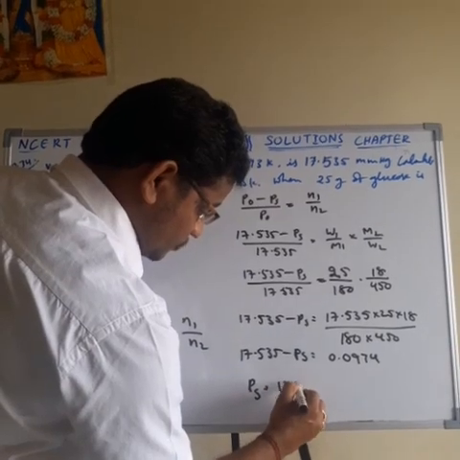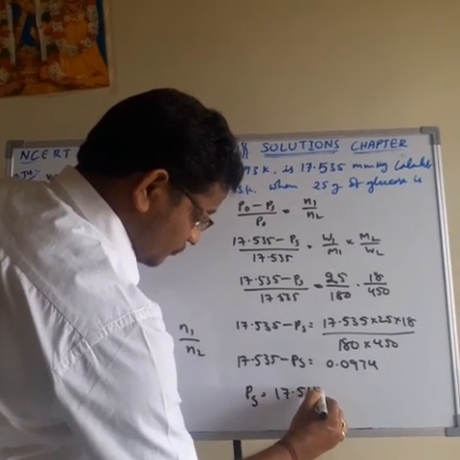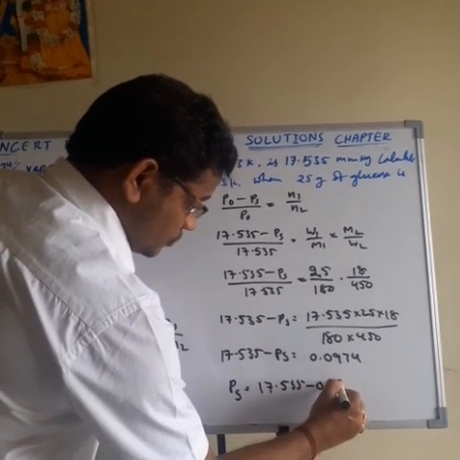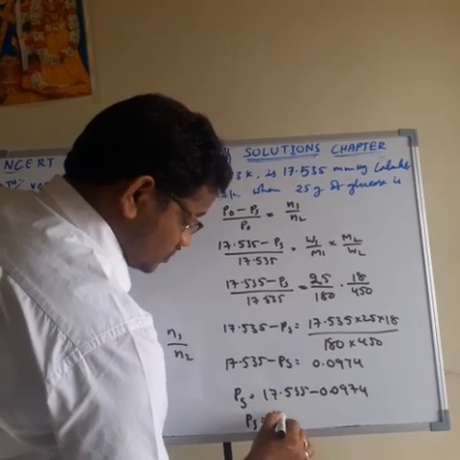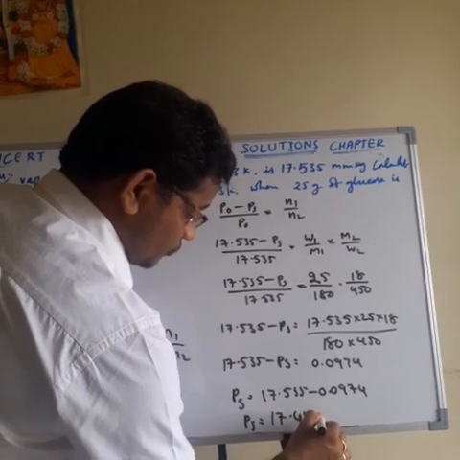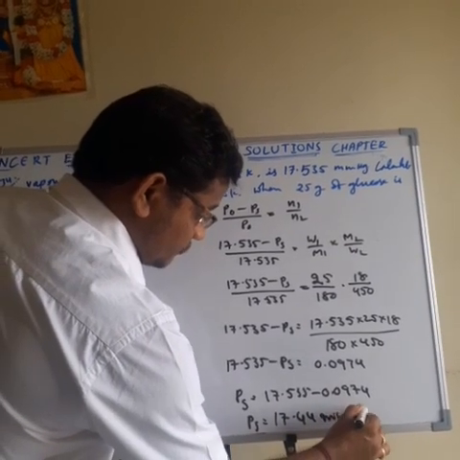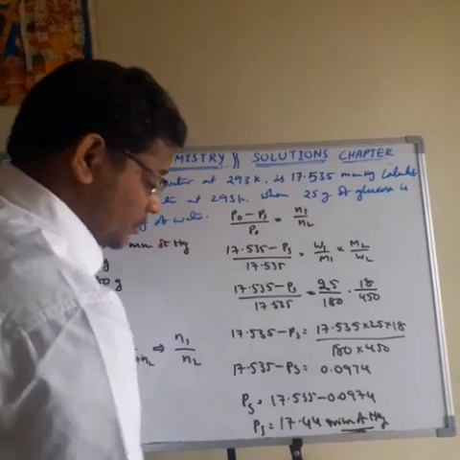So 17.535 minus 0.0974, and the vapor pressure of the solution is 17.44 mm of Hg. So that is the vapor pressure of the solution.